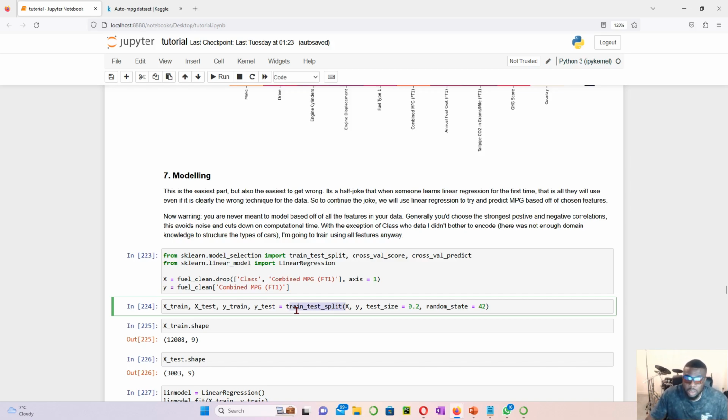A lot of machine learning tutorials actually train and model on their training set, which I disagree with. I still model on the training set, but only to see how good my model is, and then use that same model to test on the test set, or to fit to the test set.